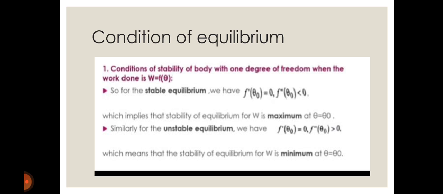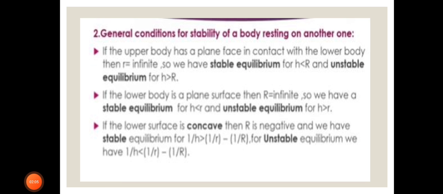Similarly, for the unstable equilibrium, we have F dash theta naught equal to 0 and F double dash theta naught greater than 0, which means that the equilibrium for W is minimum at theta equal to theta naught.